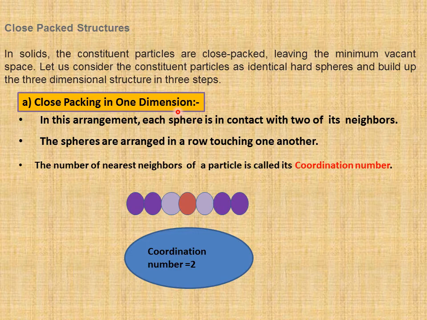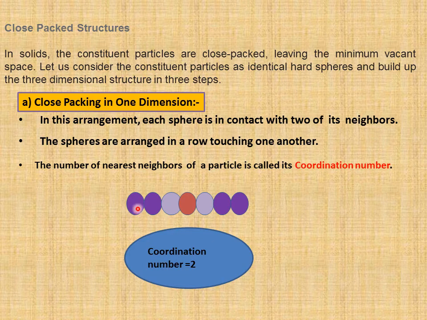Suppose the constituent particles are considered as hard spheres arranged in 1 dimension; in this arrangement each sphere is in contact with 2 of its neighbors. How is it arranged? In the slide you have seen the spheres arranged one after the other in a row, touching each other.